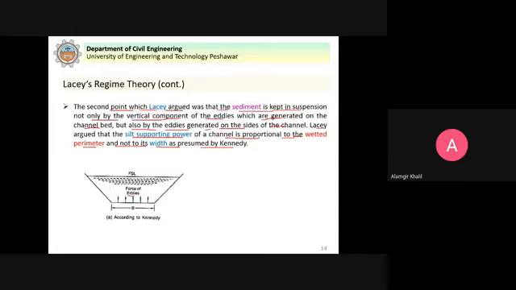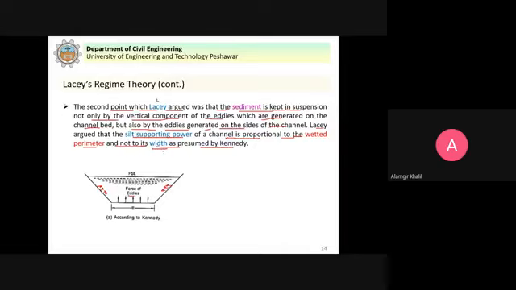Kennedy said that there can be eddies from the sides, but for most of the part they are horizontal, and they contribute very little. So according to Kennedy, the silt transporting power was proportional to the width.